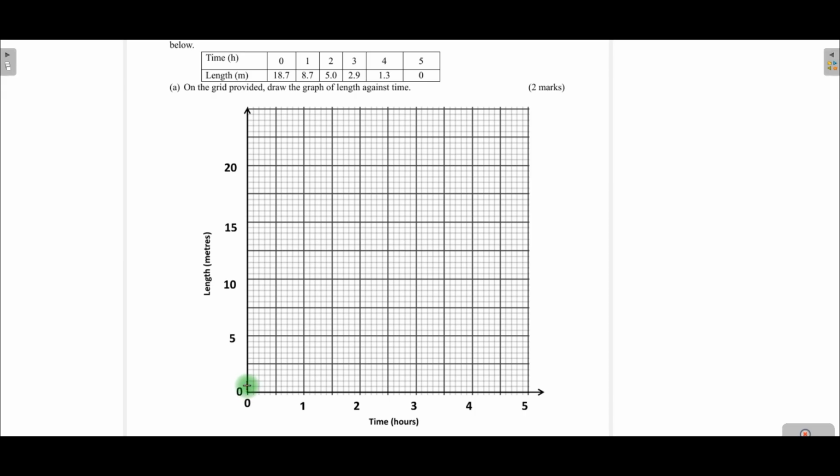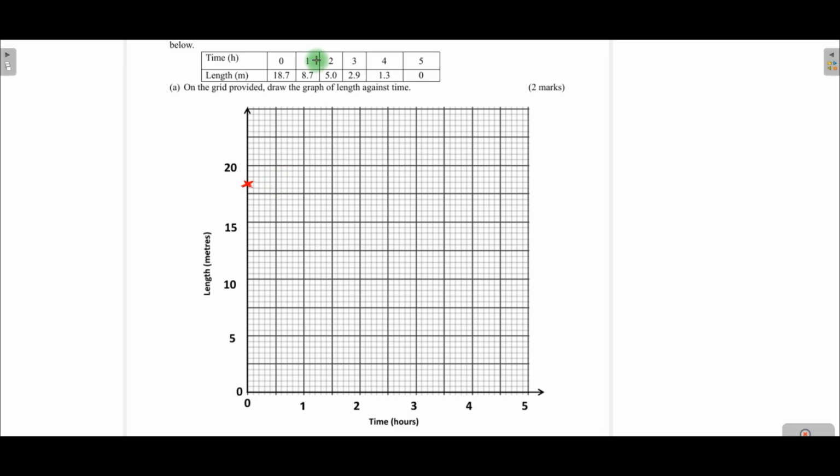That means two divisions represent 1 unit. And therefore from here we have 15, then 16, 17, 18, roughly lies near 19. So that's where the point will be marked.